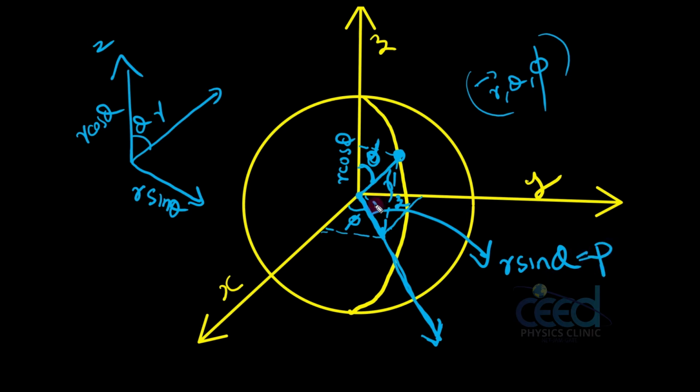This is the position vector to this perpendicular, which I take as p. Then I can write this as p cos phi. This is our x-axis and this is our y-axis. So r sin theta is equal to p.